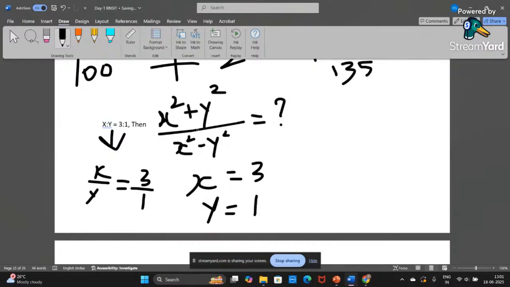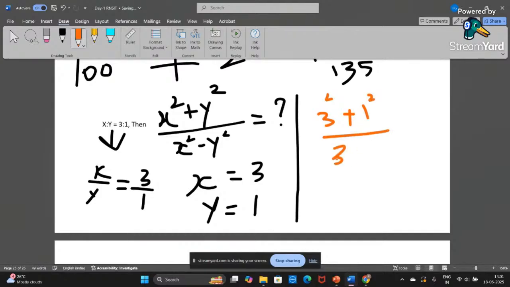And just substitute the values over here. 3 square, in place of x I'm substituting the value of x, plus y is 1, so 1 square, divided by 3 square minus 1 square.